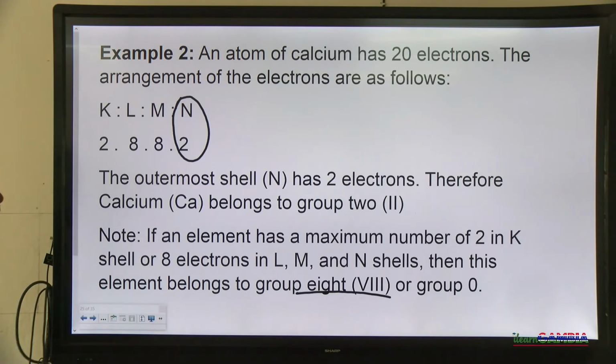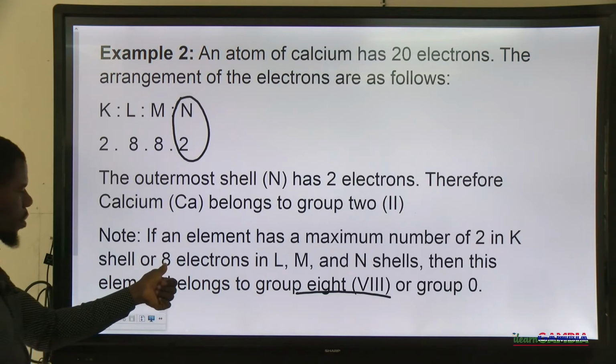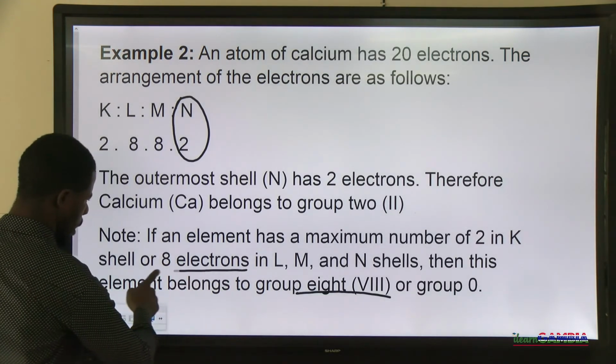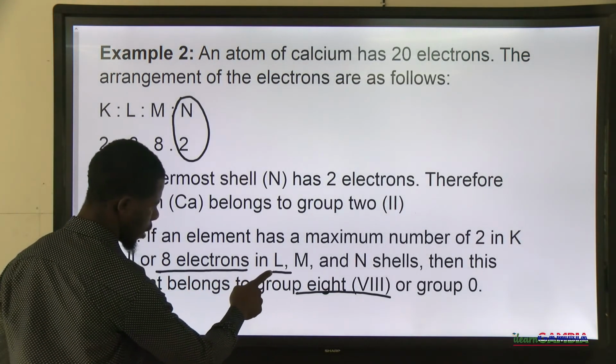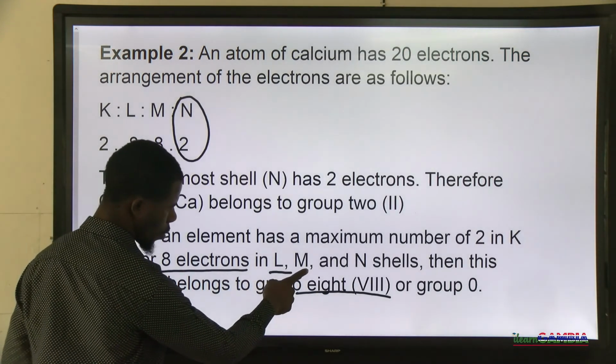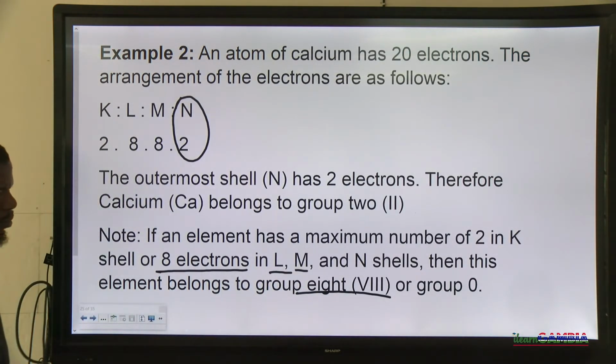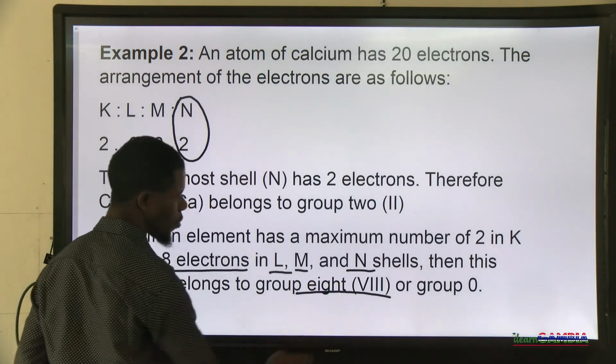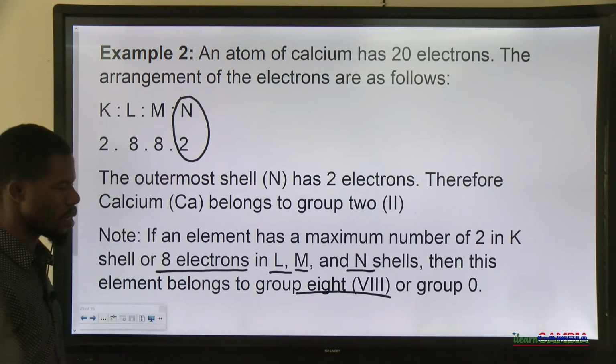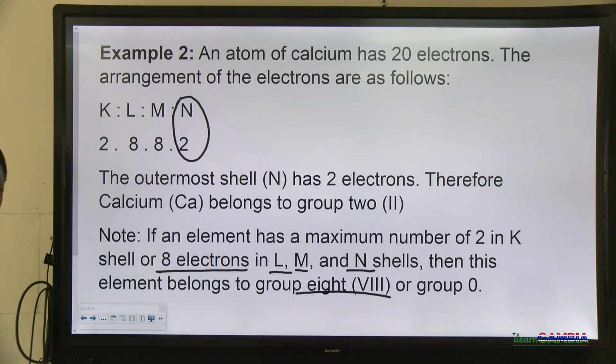That is typical of the helium atom, and it can have a maximum of 8 electrons on the L shell in the case of neon, or a maximum of 8 electrons on the M shell in the case of argon, and a maximum of 8 electrons for higher noble gases. That is not within the context of this discussion here.